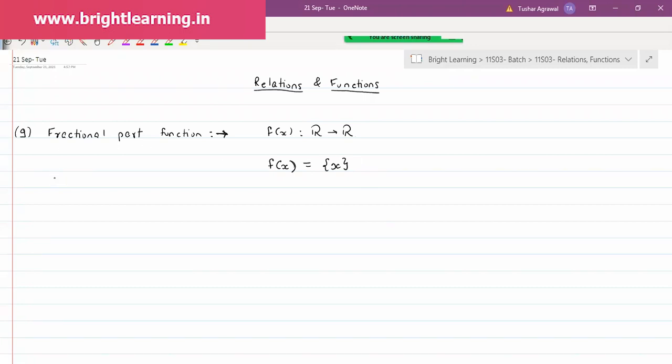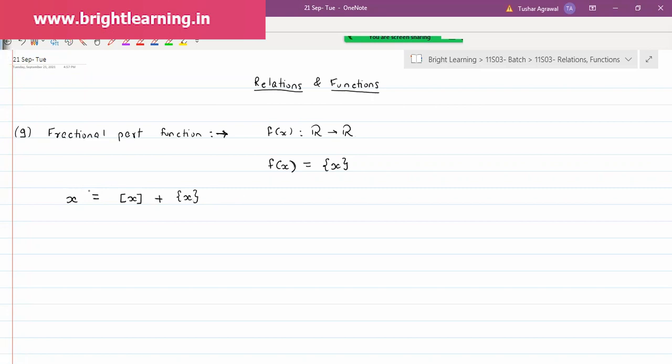If any value x is given to you, you know the meaning of the step of x, the square bracket x. When you take the step of x, the small part you have gone behind is called the fractional part.